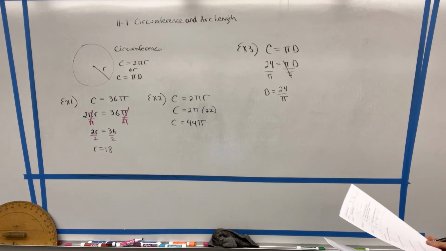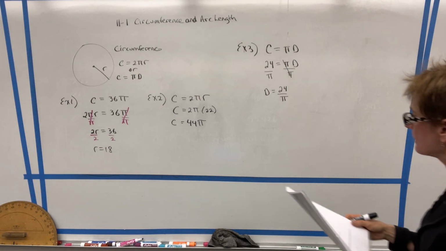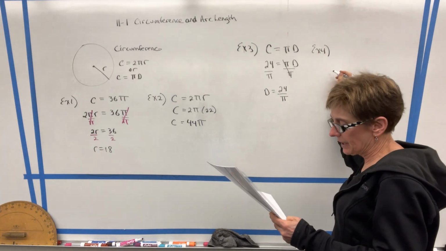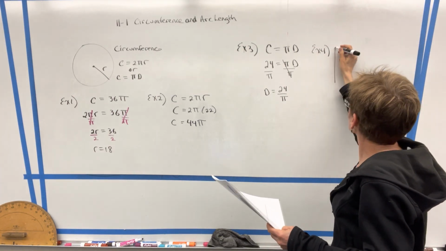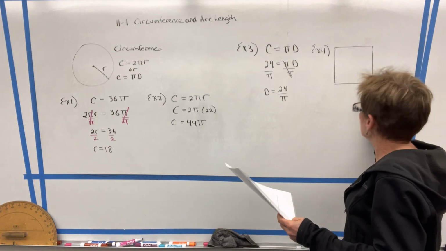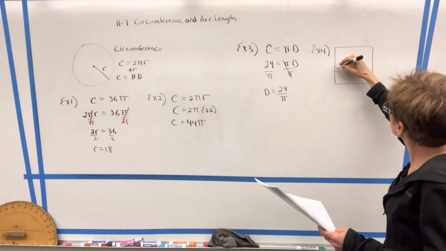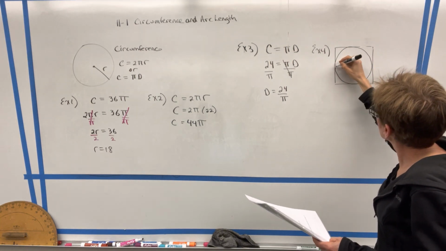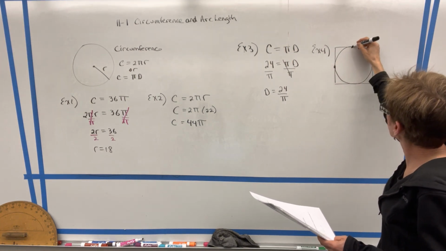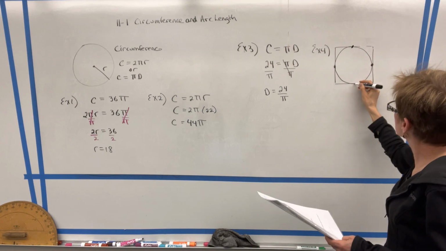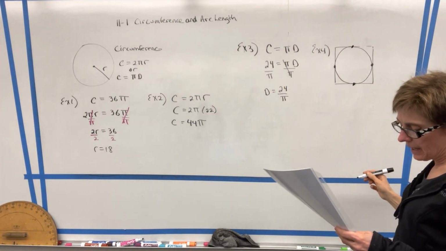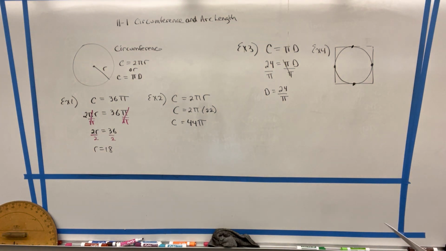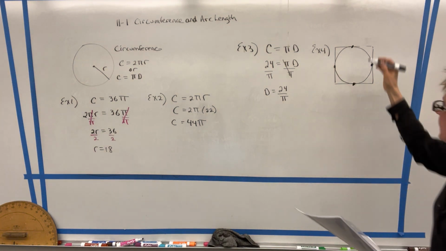Okay, one more problem that has to do with circumference, and then we'll talk about some new information. So the fourth example here, we want to find the circumference of a circle that is inscribed in a square. So to inscribe a circle basically means that the circle touches the square once on each of the sides. And this question says, find the circumference of a circle inscribed in a square with a side length of 12.